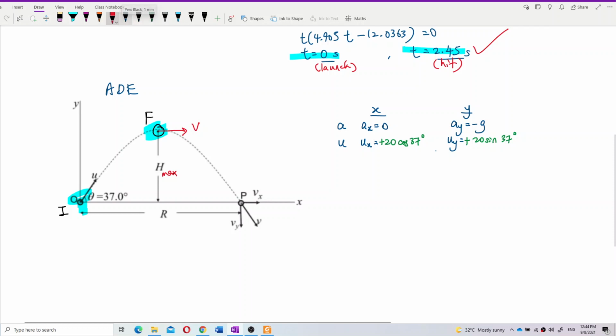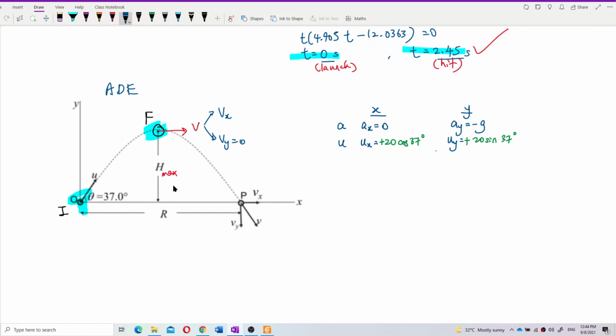At maximum height, one thing we know about the final velocity is that Vy is 0. The y component velocity is 0. It only has Vx.